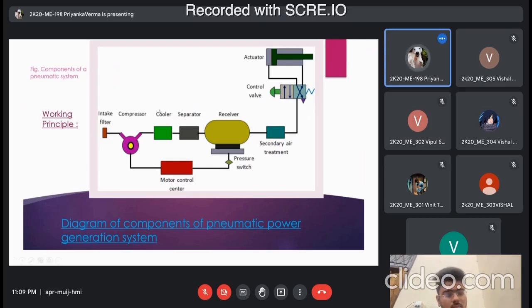To decrease the temperature, a cooler is used, and since the temperature is decreased, due to condensation a separator is connected where the moisture is separated from the fluid. Ultimately, the pressurized fluid is received in the receiver, and through secondary air treatment, it is moved to the control valve, and finally the actuator, which gives the power.